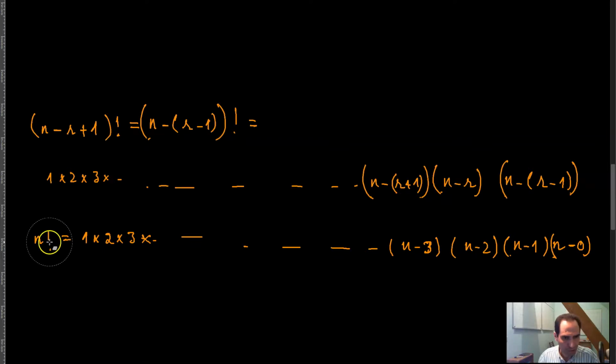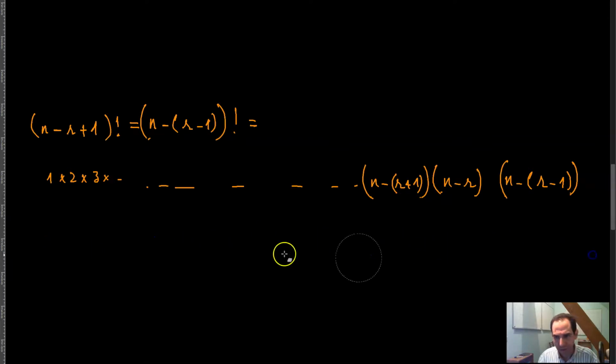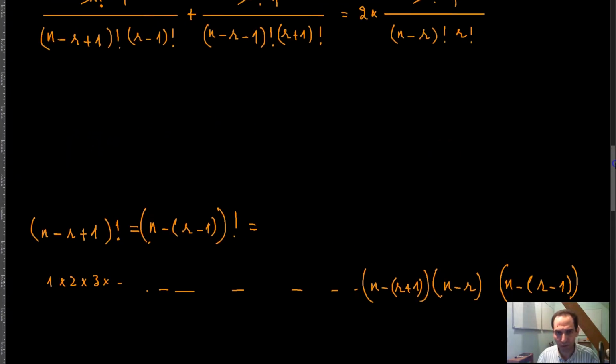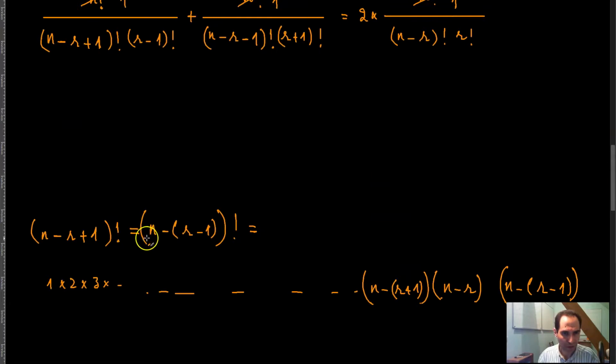And so on and so forth. So that means I can write n minus r plus 1 factorial, which is what we had over here, as n minus r minus 1 whole factorial, and that would be the same thing as n minus r plus 1 times n minus r times n minus r minus 1.